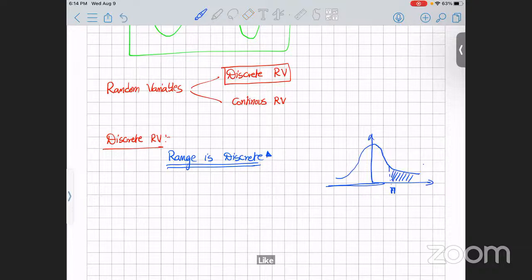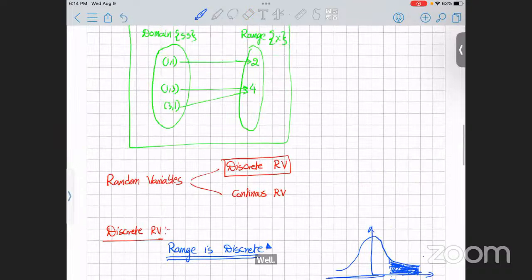If it is greater than 11, you find the area of this part, because everything is possible. 11.1 minutes is possible. So we always take the range into consideration when coming to discrete or continuous random variables.